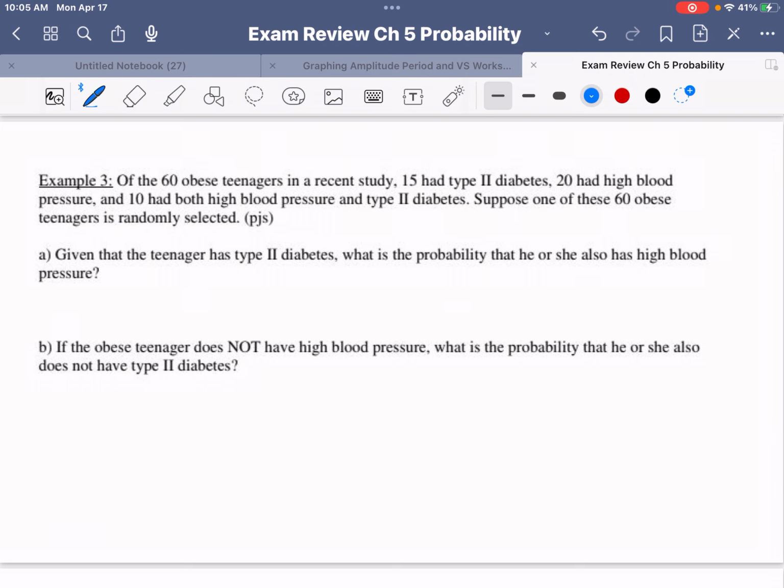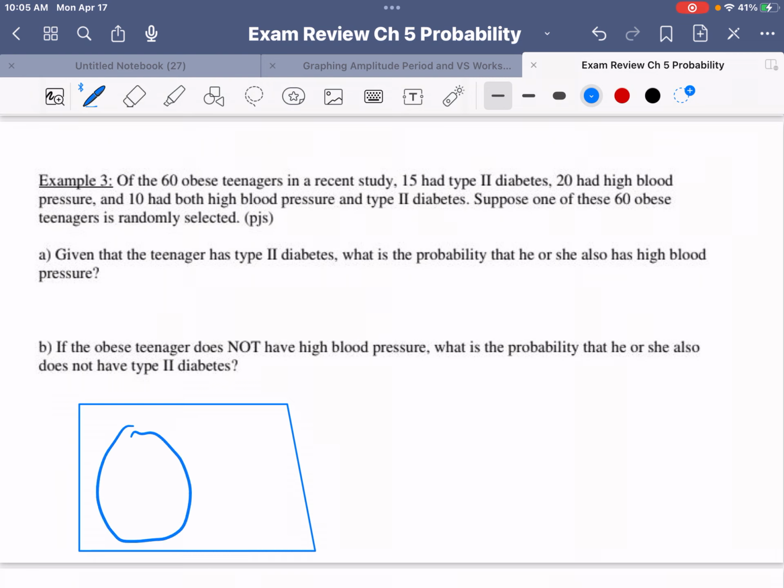Example number 3. Of the 60 obese teenagers in a recent study, 15 had type 2 diabetes, 20 had high blood pressure, and 10 had both. Oh, sounds like a Venn diagram problem to me. So I'm going to come down here in this space that I have. Okay, and I'm going to draw a circle and label it type 2, and another circle and label it high blood pressure. Now, it says 10 had both.